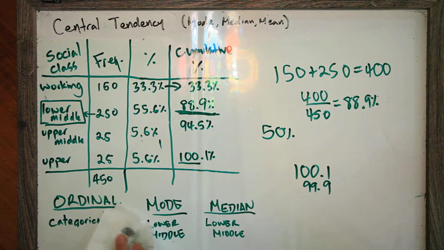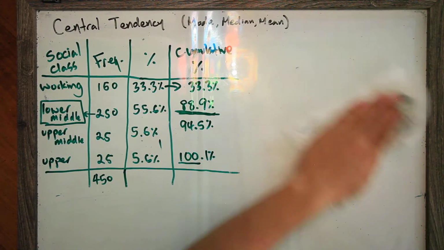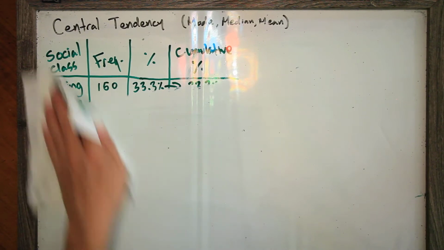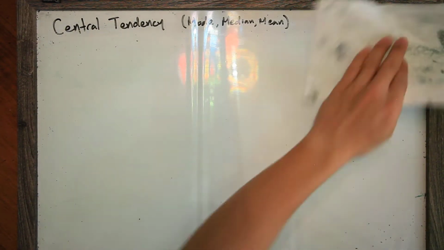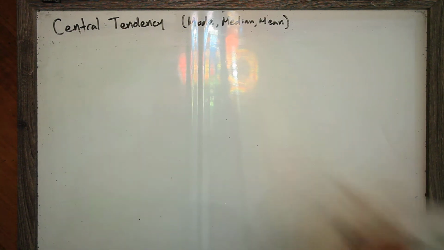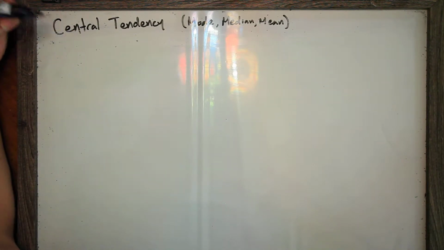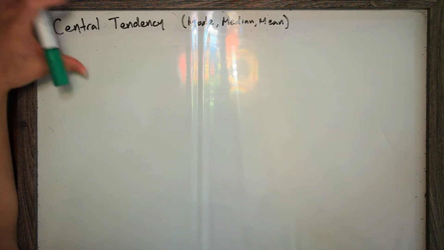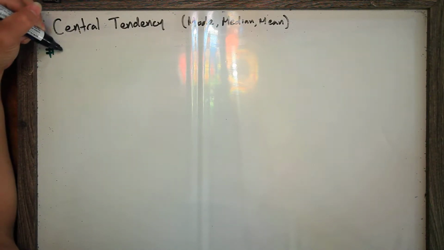So we're going to get rid of all of this. And we're going to make a new table for interval ratio. And this time we're going to do average number of hours slept.